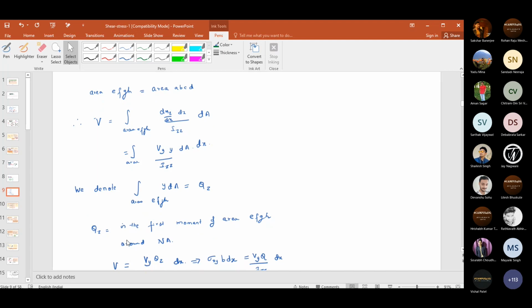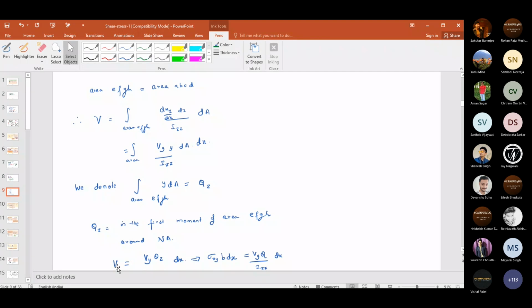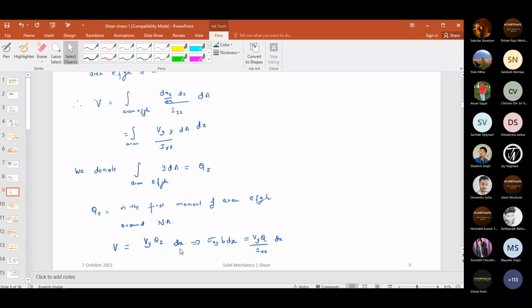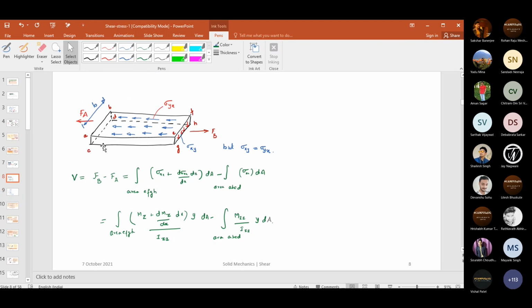Now, if I substitute V is equal to Vy into Qz into dx, you see V is equal to what we got: Vy into the integral of y dA, which we have put as Qz, multiplied by dx. So then V will be equal to sigma xy multiplied by area b into dx, because here I have to multiply dx by b.